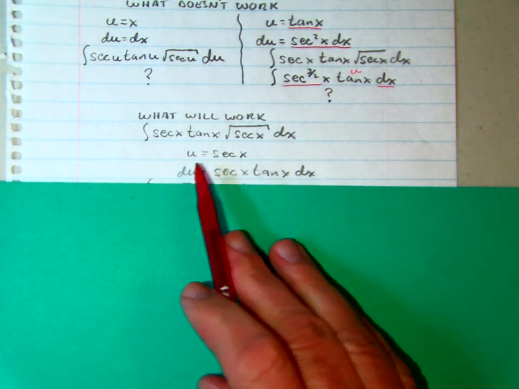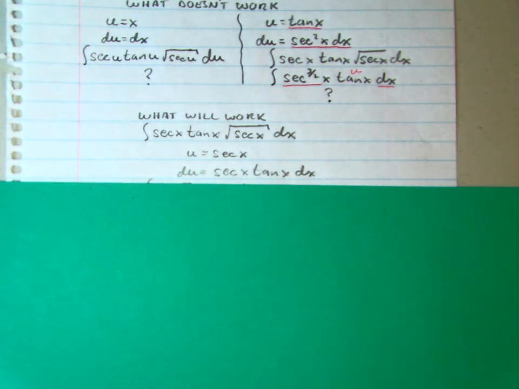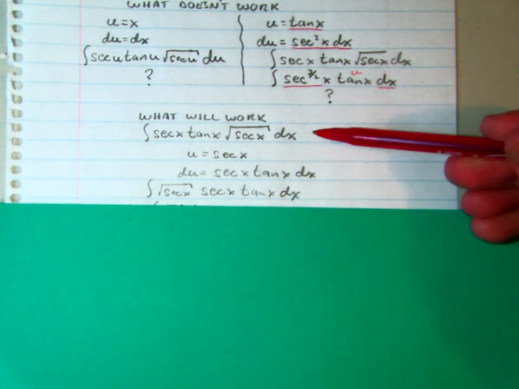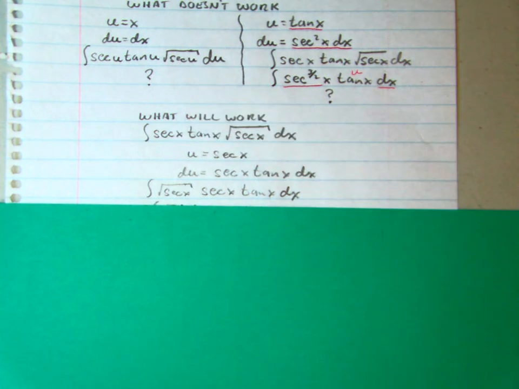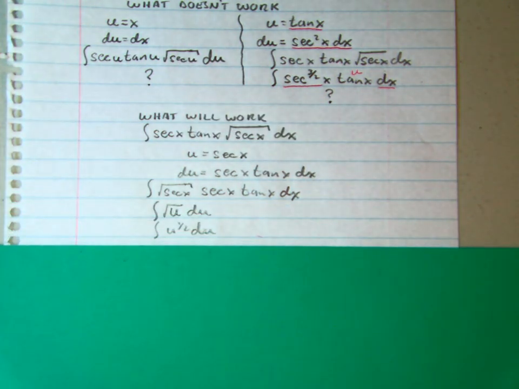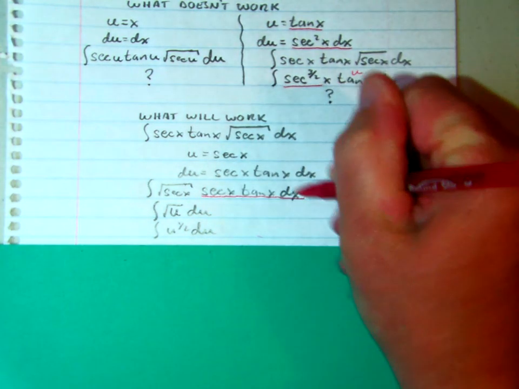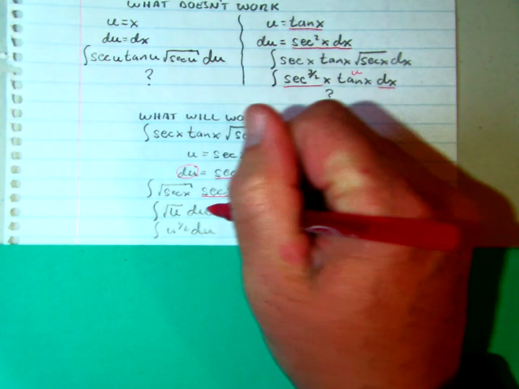Alright, so if we let u be secant of x, du is secant tangent dx. To make the substitution a little clearer, I rewrote the original thing we're trying to integrate, putting the secant in front, to make clearer what we have to do. So now when we do this substitution, secant x tangent x dx gets replaced with du.